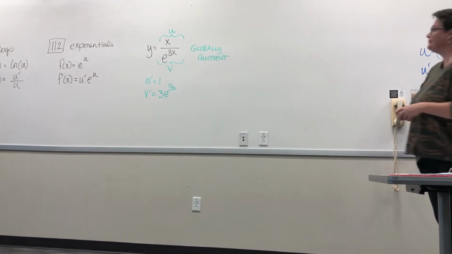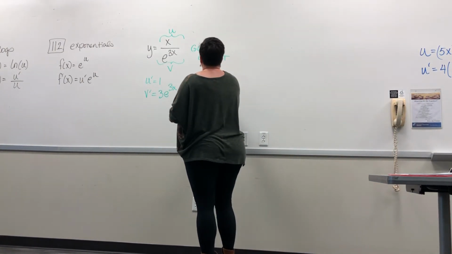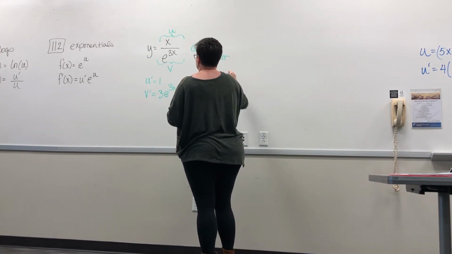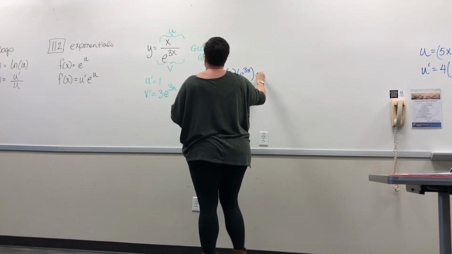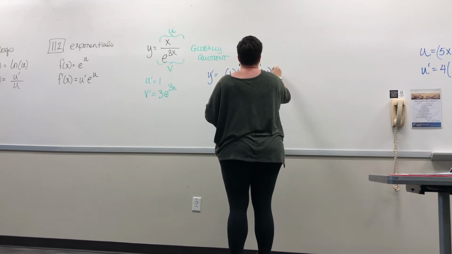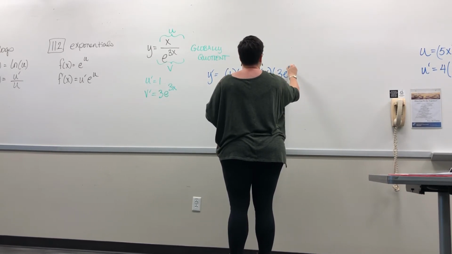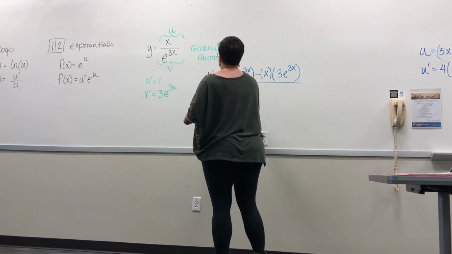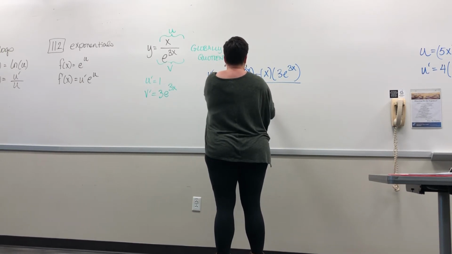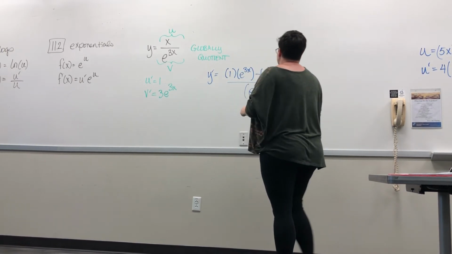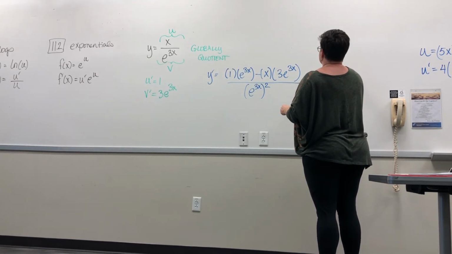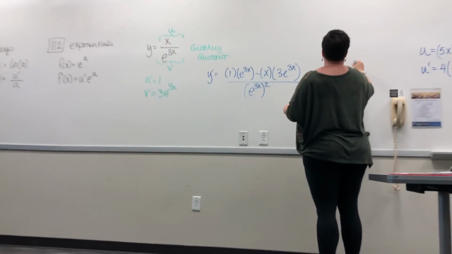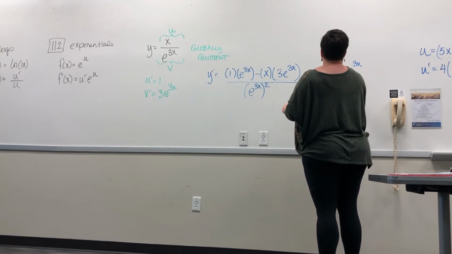v prime. I know you guys hate me right now. It's okay. It's u prime times v minus u times v prime over v squared. And if I really wanted to simplify this, which I do, I would have e to the 3x minus 3x e to the 3x over e to the 3x quantity squared.